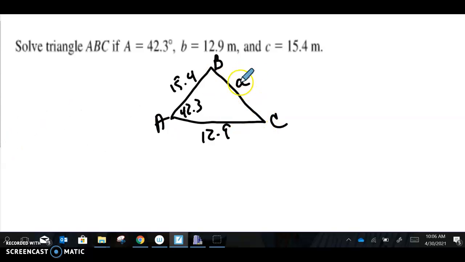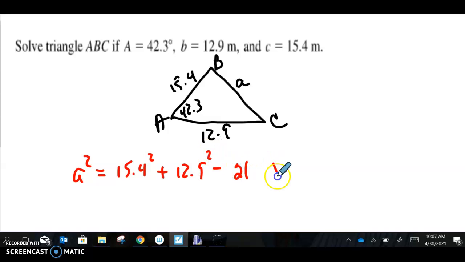I'd like to get side A right away. A squared equals 15.4 squared plus 12.9 squared minus twice those two times the cosine of 42.3.